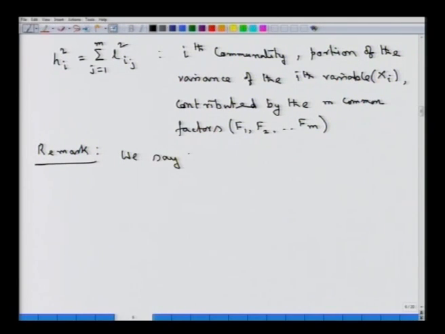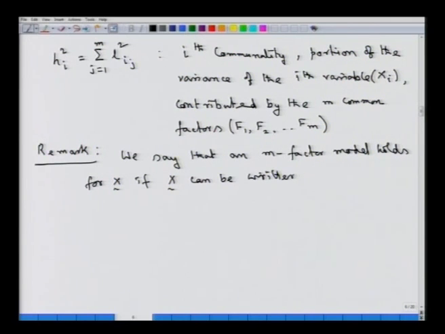We say that, under the present situation, an m factor model holds for x if x can be written as x minus mu equal to LF plus epsilon, which is the factor analysis model, with of course L, F and epsilon as formulated earlier.